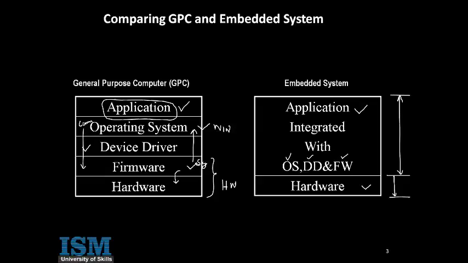You are electronic engineers, so he may understand that you can develop hardware. Which means we become responsible for end-to-end development, the complete system development. In fact, that makes embedded engineering or embedded system development very interesting.